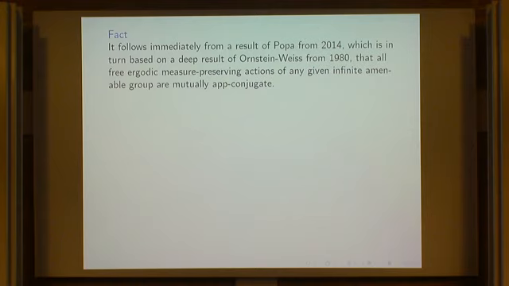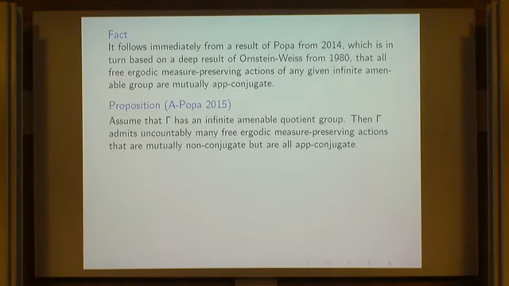If you know what orbit equivalence is, this is reminiscent of the Ornstein-Weiss theorem. It says that all free ergodic actions of amenable groups are orbit equivalent to each other. But there isn't a clear-cut connection between orbit equivalence and approximate conjugacy in general. So that's the first thing to notice.